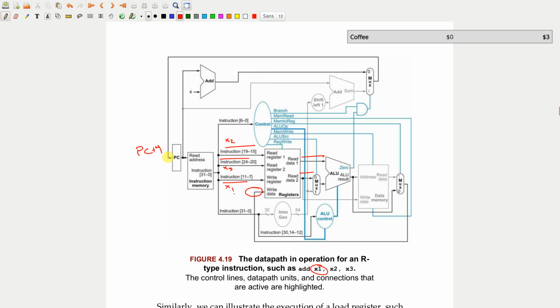And that's it. I may have gotten x2 and x3 mixed up. I forgot specifically the ordering of these two, of whether this is R2 or RT or RS, but I know that this is definitely x1. This is RD, the register destination.